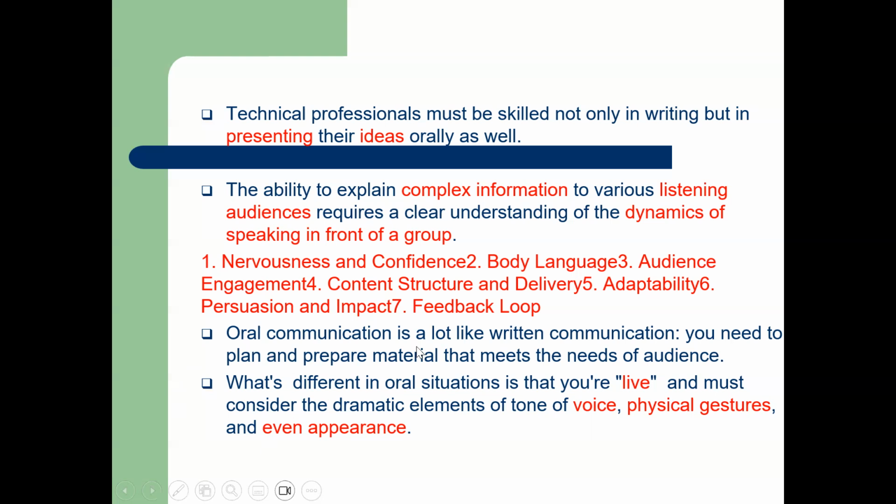Oral communication is much like written communication. You need to plan, like how you plan written communication. You need to prepare the presentation how you prepare your written communication in order to meet the needs of audiences.